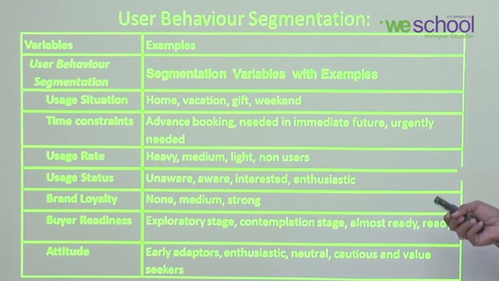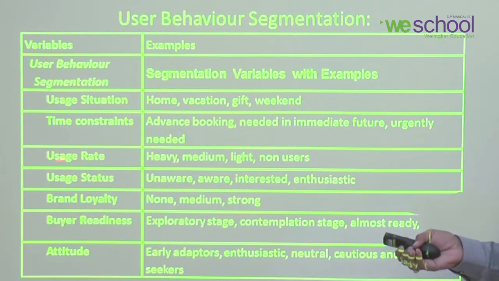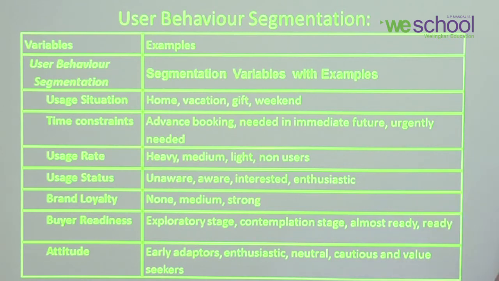So that's what is important. Time constraints, from advance booking needed to immediate or urgently needed. Usage rate: heavy, medium, light, etc. The challenge of the marketer is to increase the usage rate. Can you do that? Yes, you can develop your segmentation based on usage also.